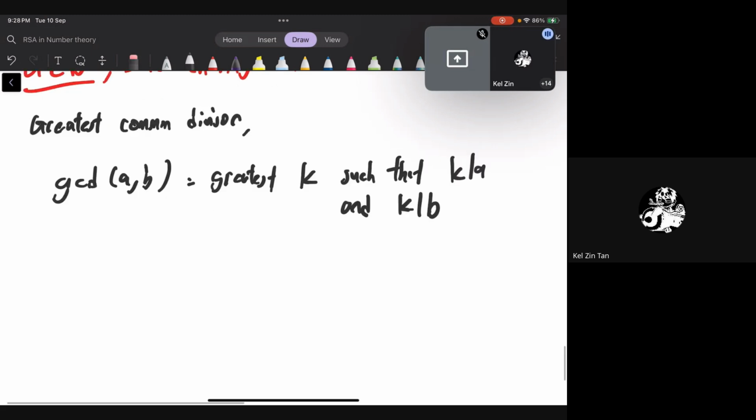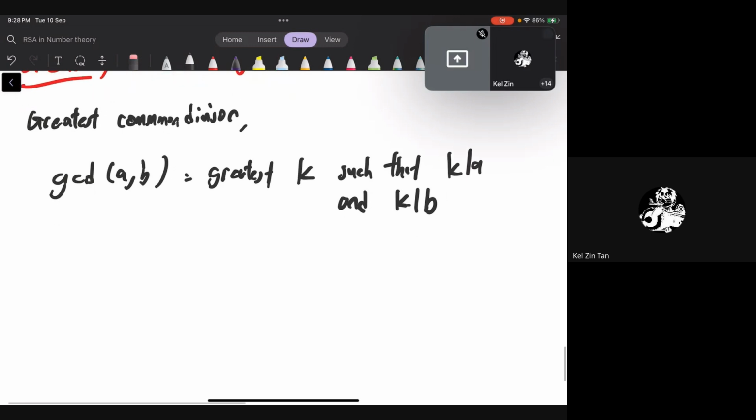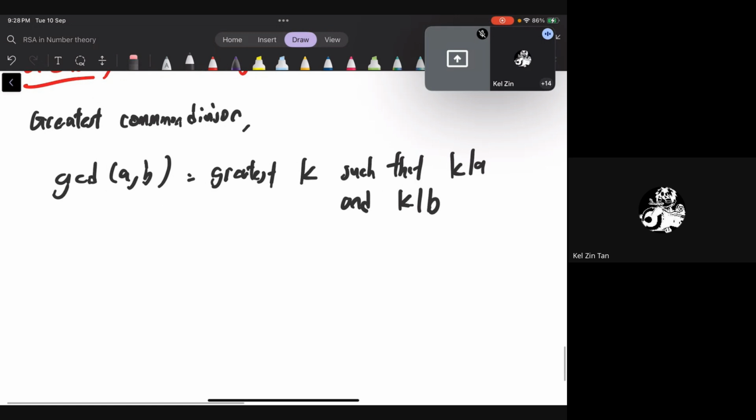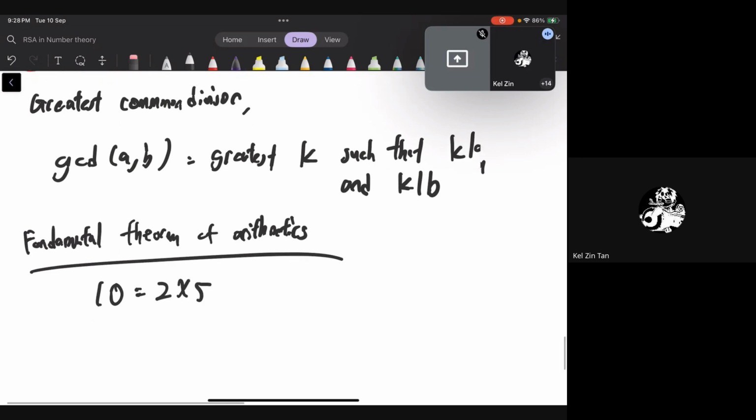I also want to introduce another thing that I missed out just now. This is a theorem called the fundamental theorem of arithmetic. It looks very fancy, but basically it says that every integer can be decomposed into a product of primes. For example, 10 you can write as 2 multiplied by 5, a product of primes.